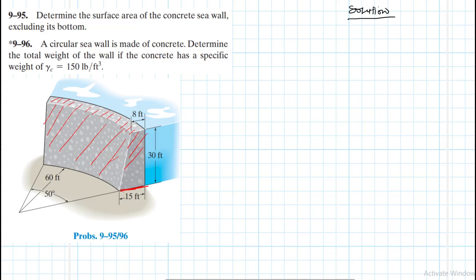We should not forget the sides. The formula that we are going to employ will only calculate the top, the inner side, this area and the back side. It will not calculate the sides, so the sides we need to compute separately. For the volume, we don't need to do that. We just calculate directly. Volume captures everything.